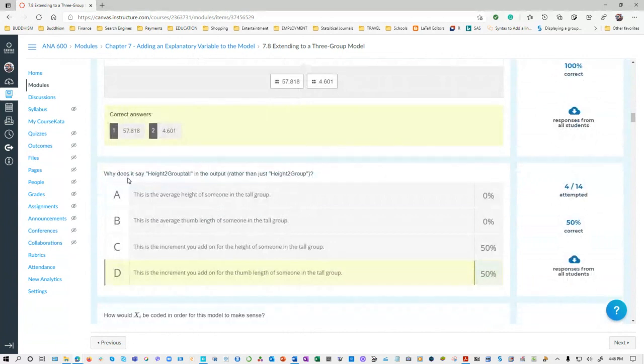We know for sure. Why does it say height to group tall in the output? This is the increment you add on to the thumb length of someone in the tall group.